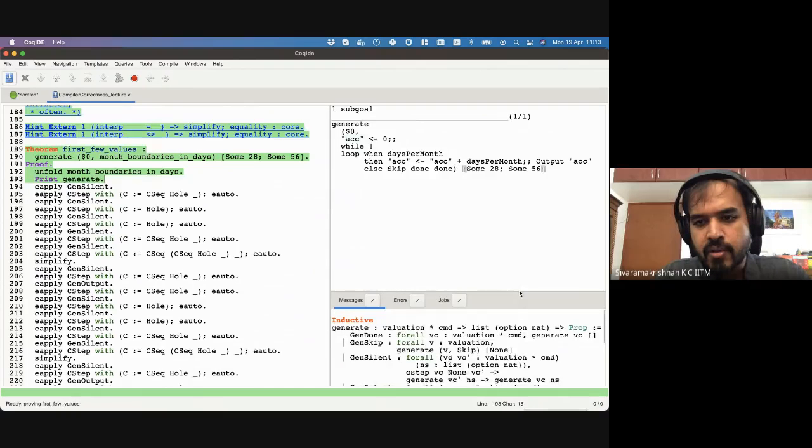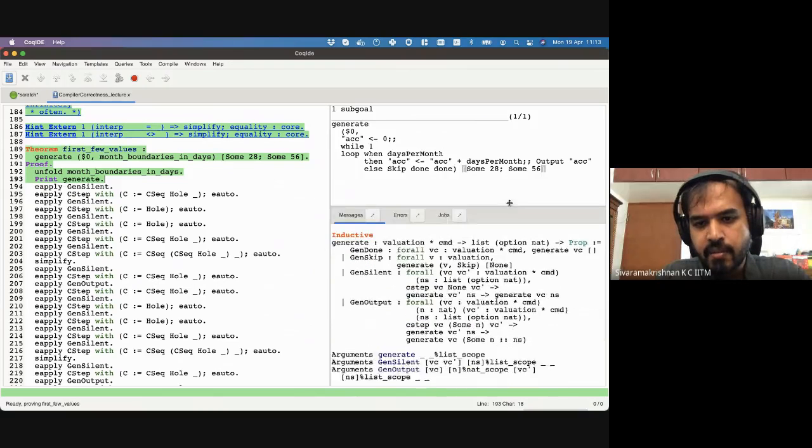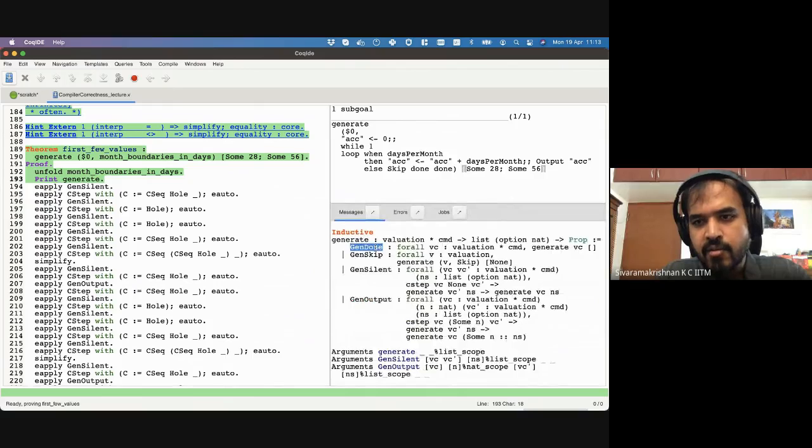So if you look at what we have, we have truncation, and we have skip, that is the actual termination. Silent is for any other step that doesn't produce a value, so that's none, right? So this is going to produce a silent label, and then there is an actual output where you get an output here, right? And the only thing that can produce an output is the output command.